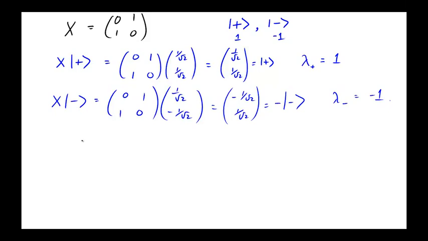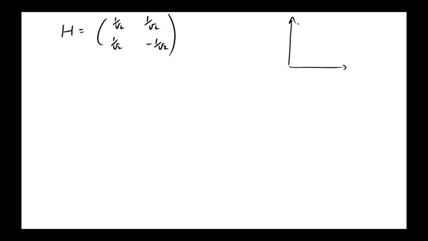Let's say you wanted to work this out instead for the Hadamard transform H, which is 1 over square root 2, 1 over square root 2, 1 over square root 2, minus 1 over square root 2. Well, again, actually it's a little easier to guess what the eigenvectors and eigenvalues are, because remember what the Hadamard transform does?